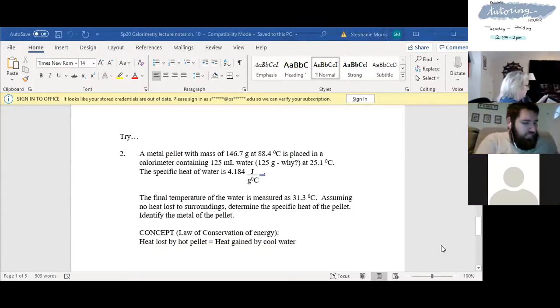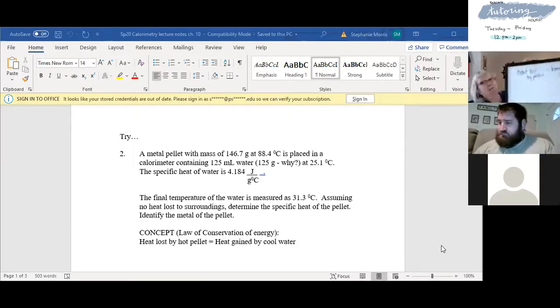So heat lost by the pellet equals heat gained by the water. Now, this is the concept.